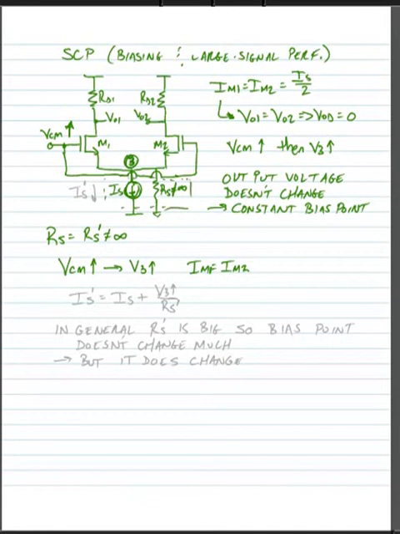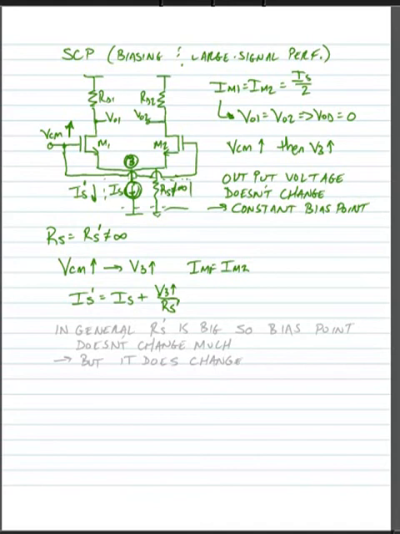So what we're going to say is that we have a total current flowing through here that's called IS prime, and IS prime is equal to our original IS plus our increase in V3 divided by RS prime.